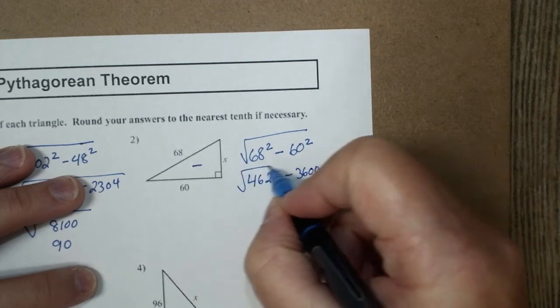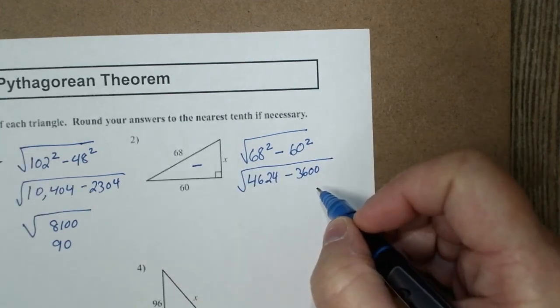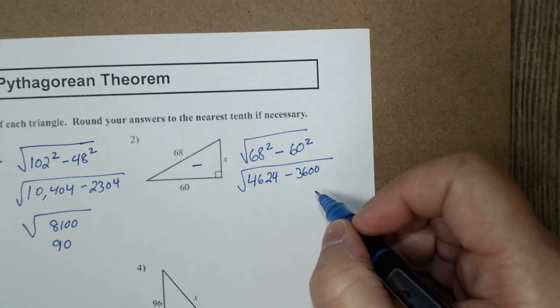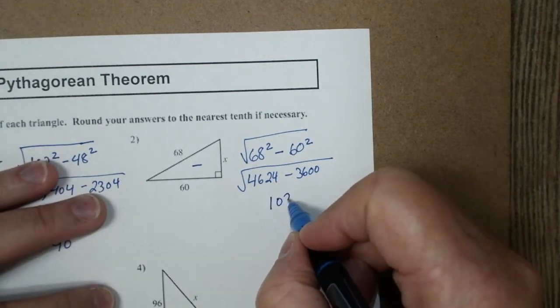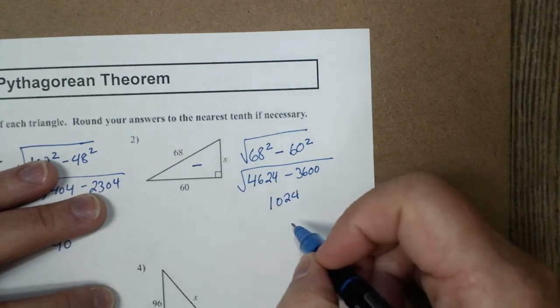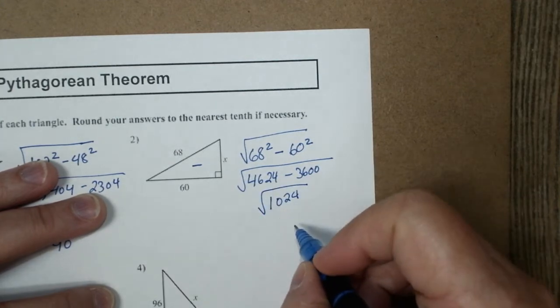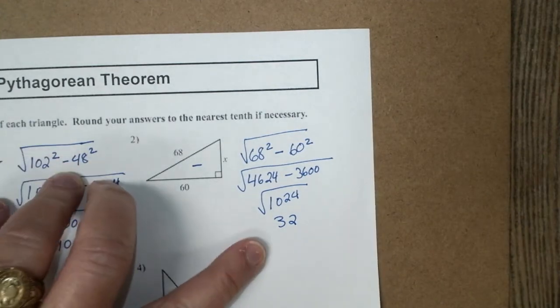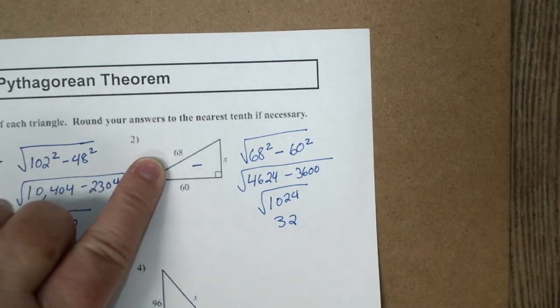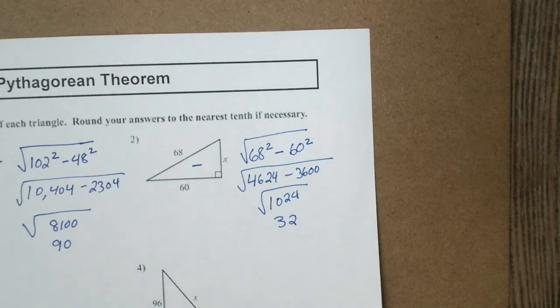All of that is still under the square root. I subtract. I get 1,024. I take the square root, and that's 32. And again, 32 is less than 68, so it is a viable answer.